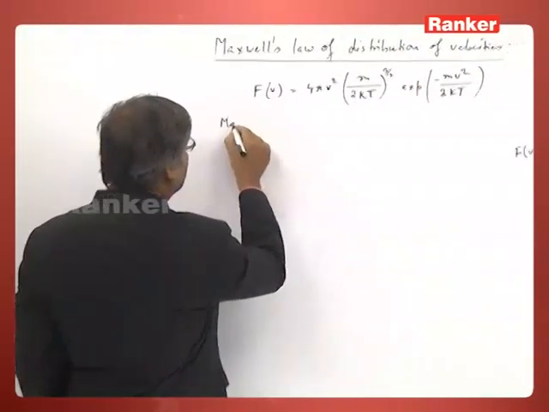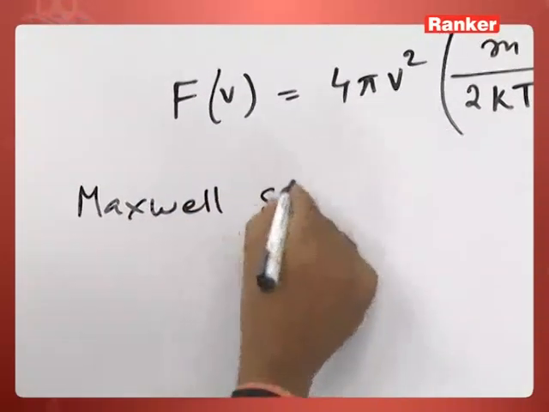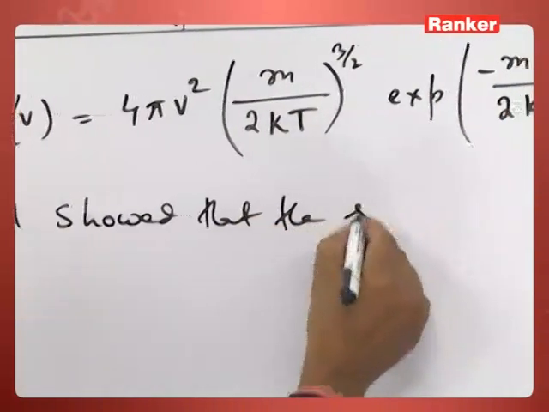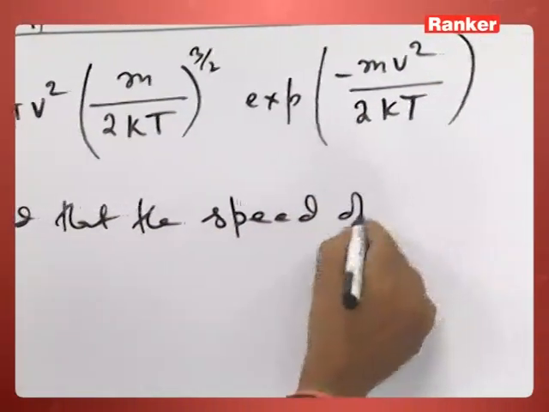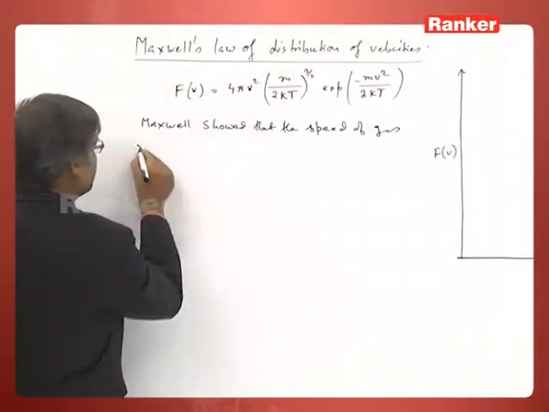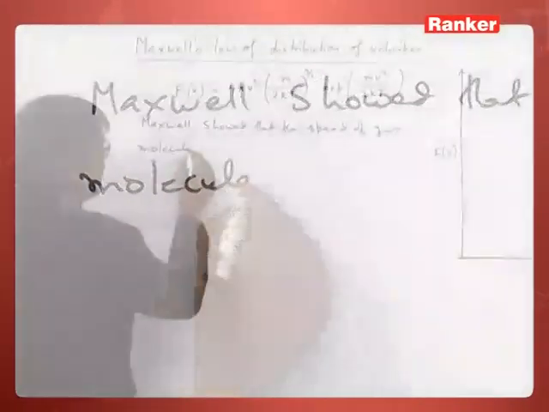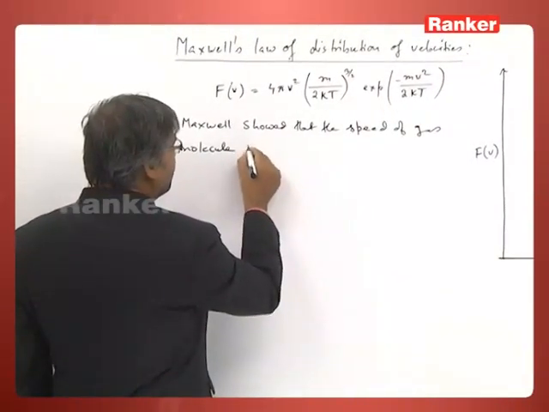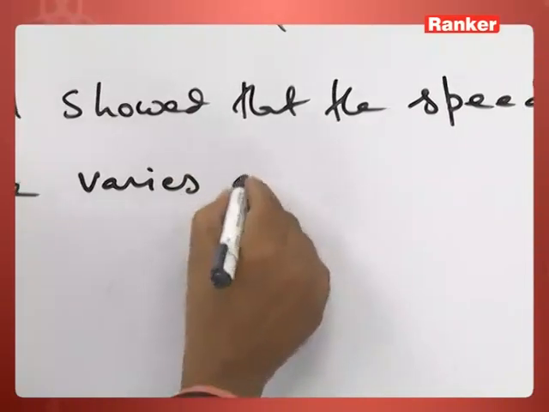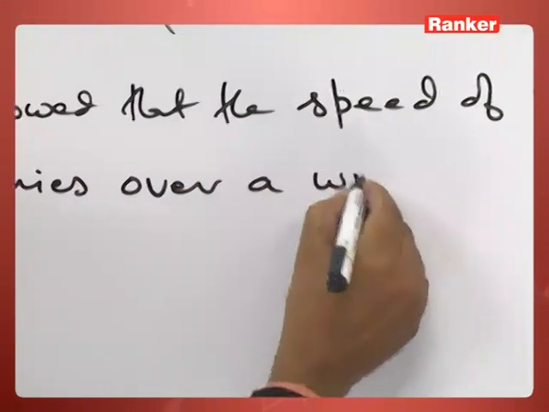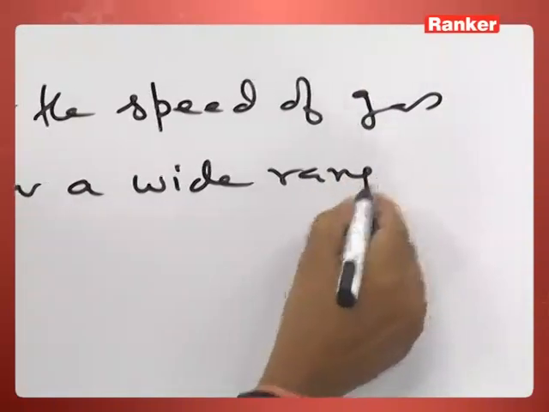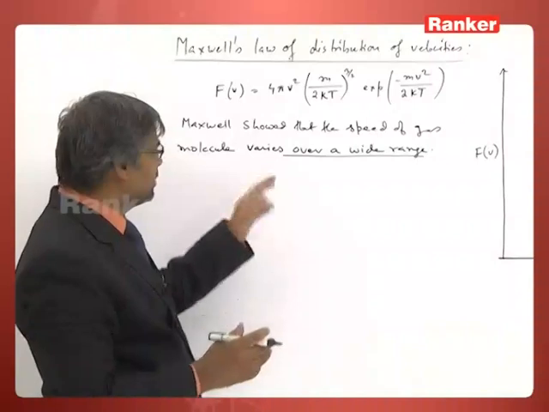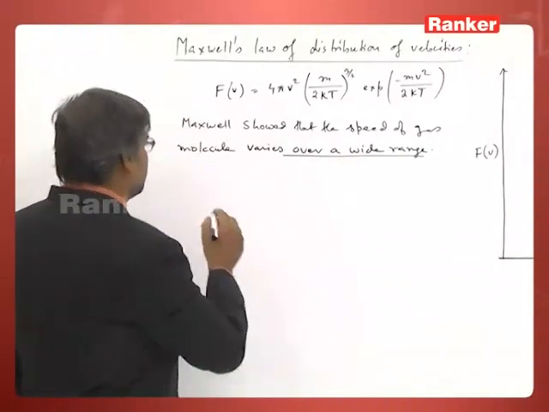Maxwell showed that the speed of gas molecules, or any molecule, gas molecules, varies over a wide range. So the molecules are not just within this small range, they vary over a wide range.